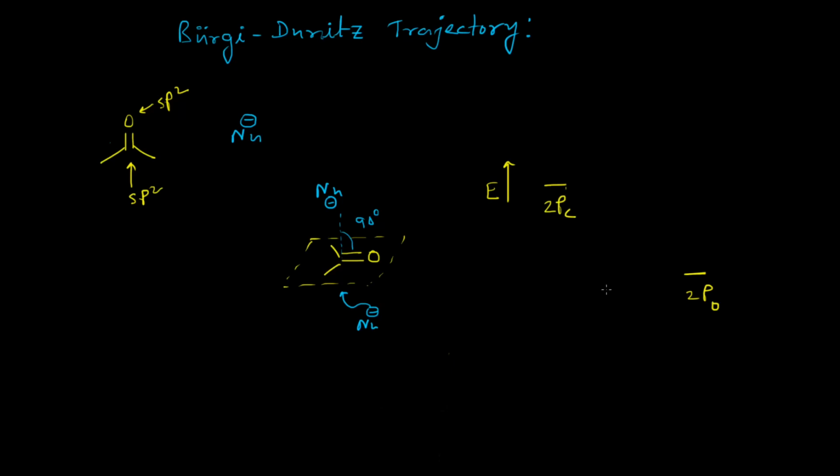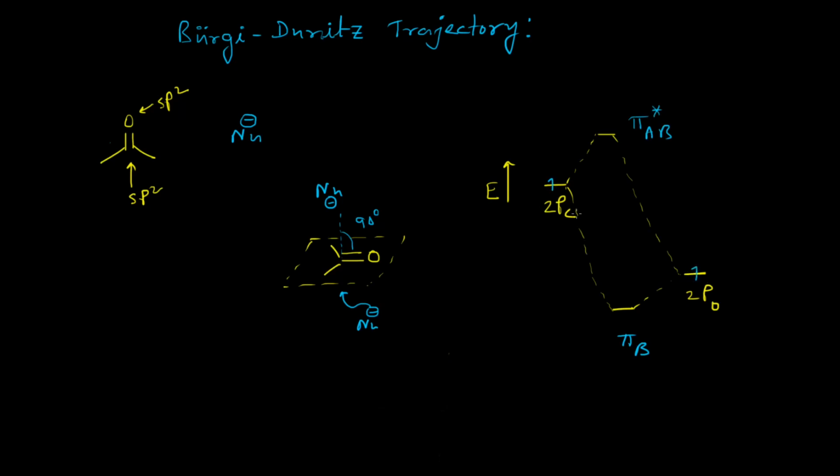After the interaction, two molecular orbitals will form. One will be the bonding orbital, which is denoted as the pi bonding orbital, and another will be the pi star anti-bonding orbital.